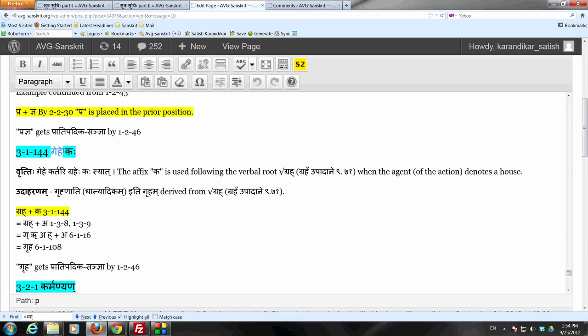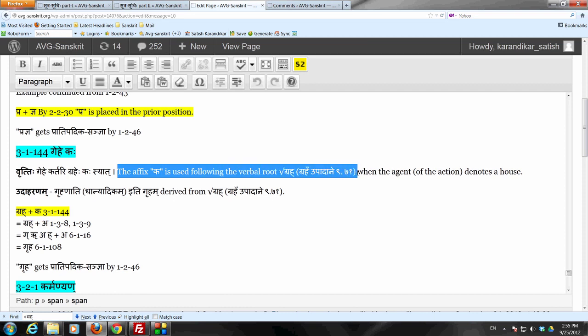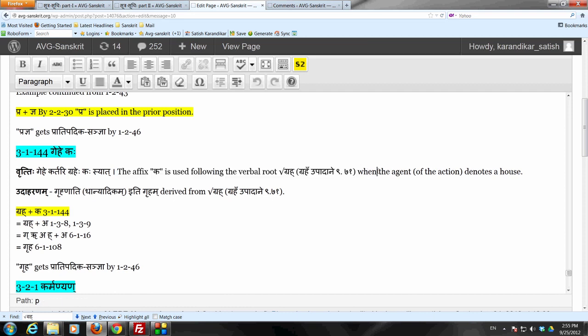Okay, the sutram itself is quite straightforward. It says that the affix ka is used following the verbal root graha upadane from the kriyadikanaha when the agent, this is by kartari krit 3.4.67, refers to a house, that is gehe. So now how does this meaning make sense, that something which upadane is to take, to accept, to receive.